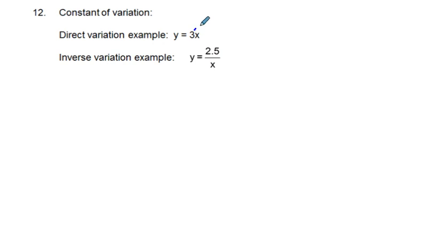These numbers here, 3 and 2.5, these are called constants of variation. So this 3 is a direct variation constant. This 2.5 is an inverse variation constant.